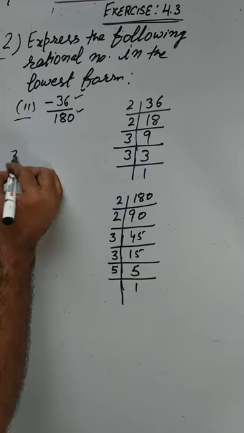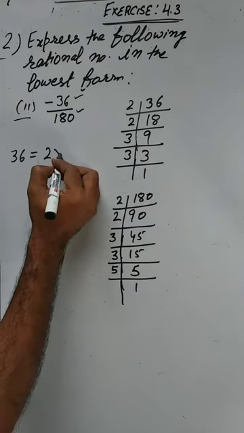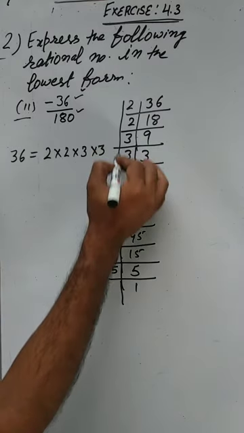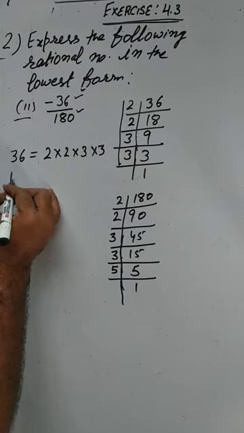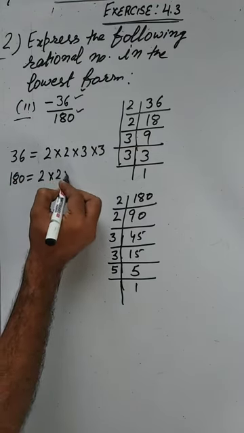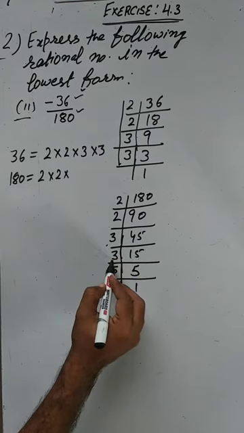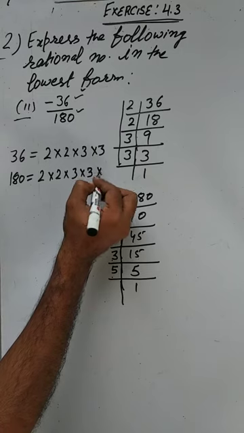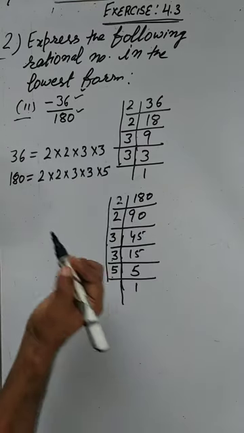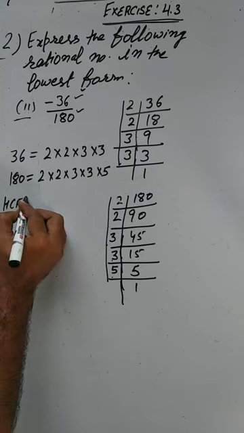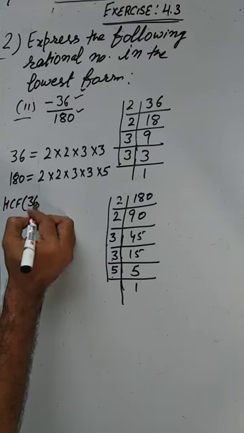So beta, 36 is written as 2 multiply 2 multiply 3 multiply 3. And 180 is 2 multiply 2 multiply 3 multiply 3 multiply 5. These are the prime factors of 180. Now beta, HCF, highest common factor, find out the common factors.